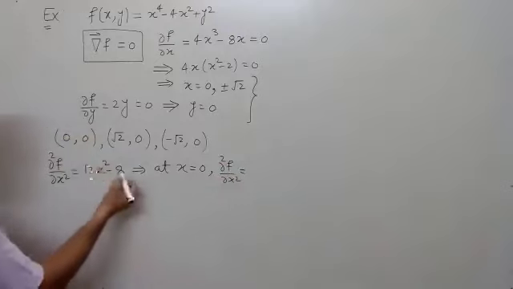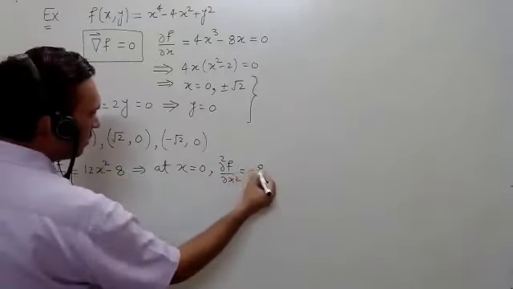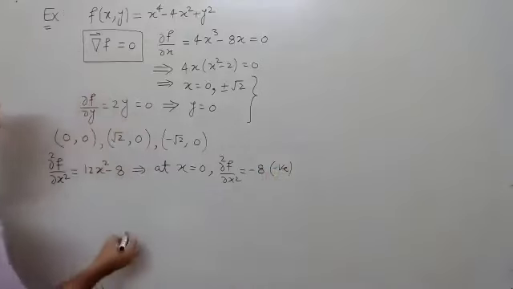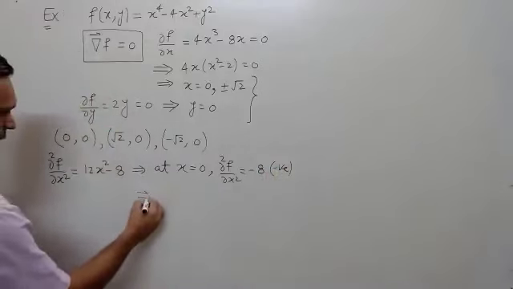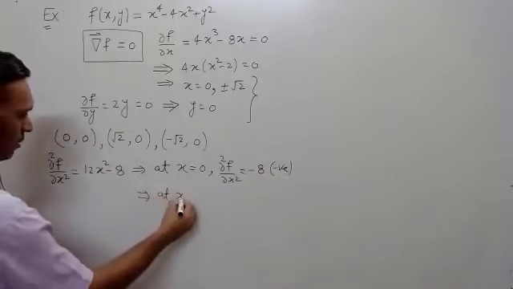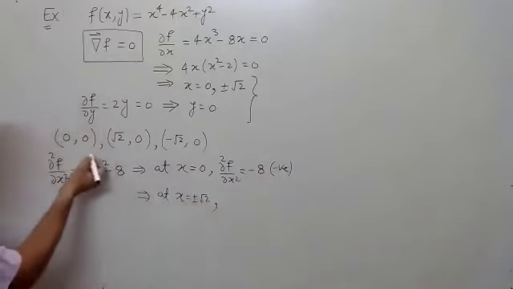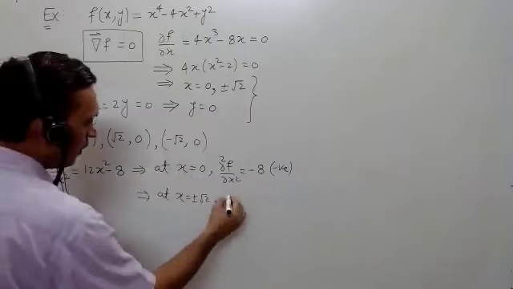If you put x is equal to 0, that is minus 8, so that is a negative value. Also at x is equal to plus minus root 2, because this is x square, both will give you a positive value.